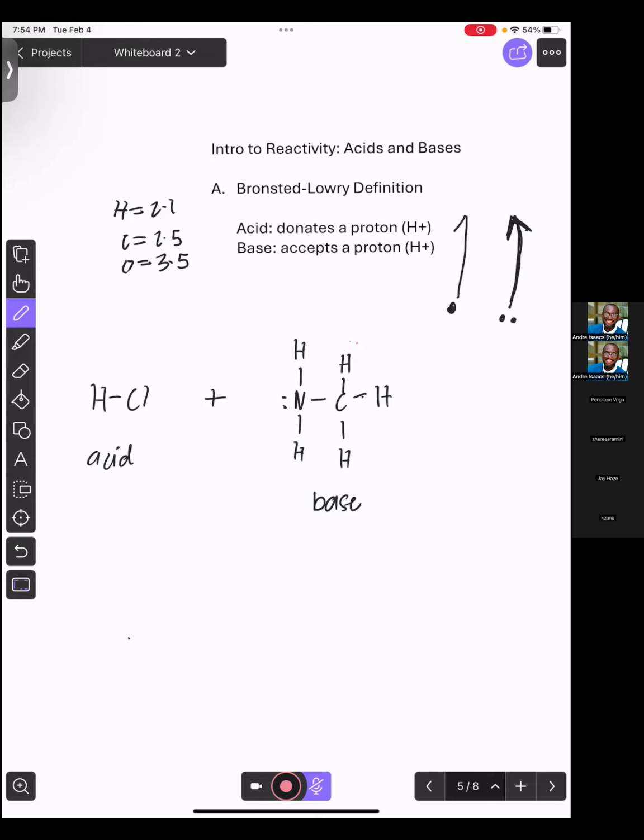Okay. So based off of this, I want you to draw me the arrows of the base reacting with the acid. Remember, the acid-base reaction is effectively an atom with a lone pair. Typically, it's negative. That's going to be the base. And that atom is going to share its electrons with a hydrogen that's in a toxic relationship in the acid.